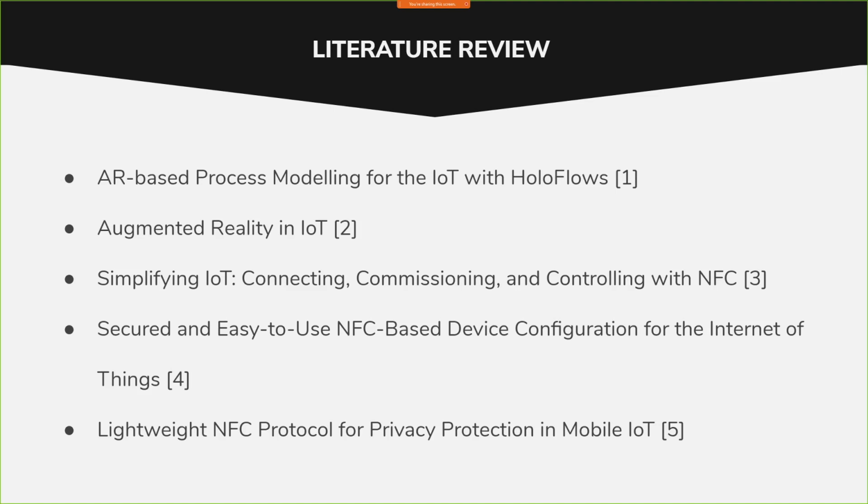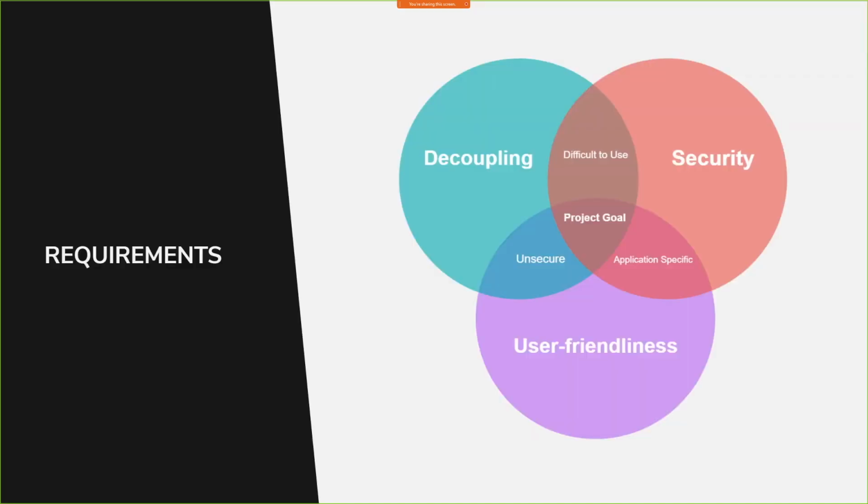The paper discusses several approaches which require a back-end server to store the device's firmware. And the last paper shows the ability to have privacy protection for NFC communication by using certain security protocols. Next, my colleague Joanne will talk about the requirements.